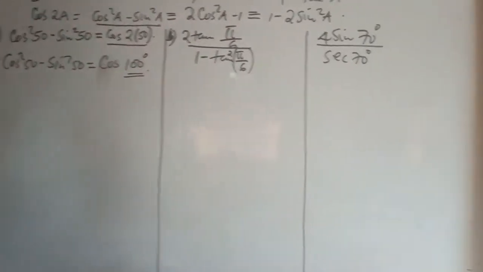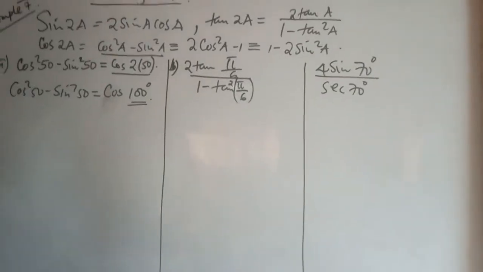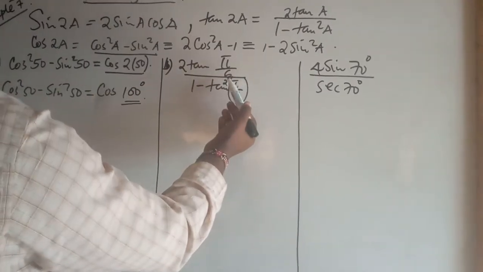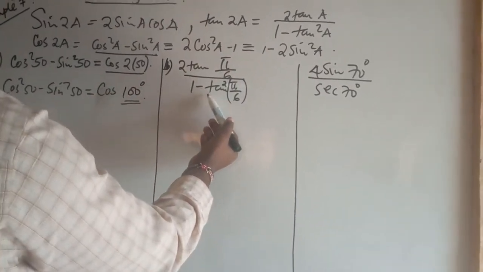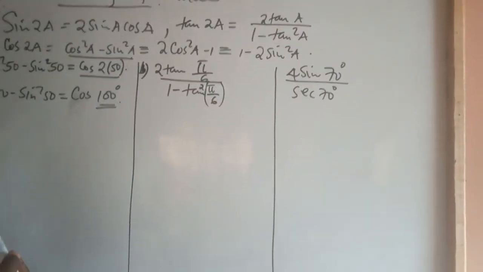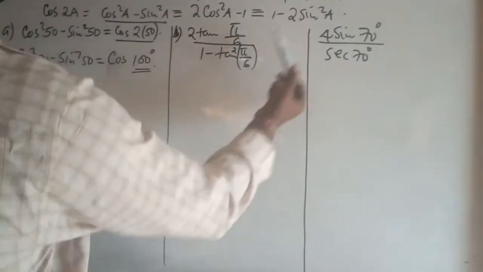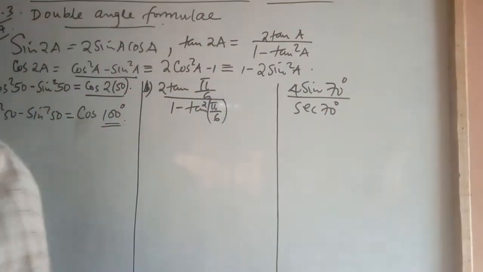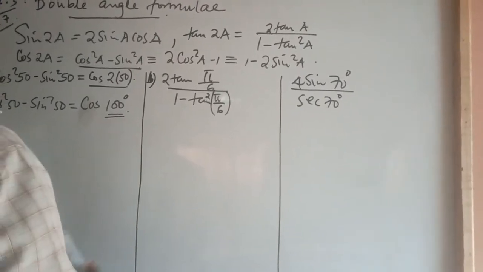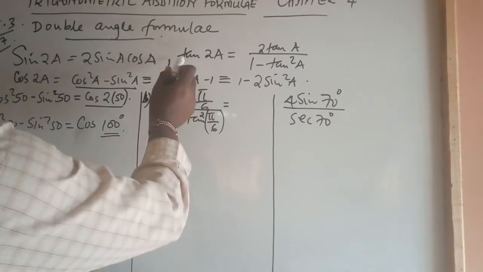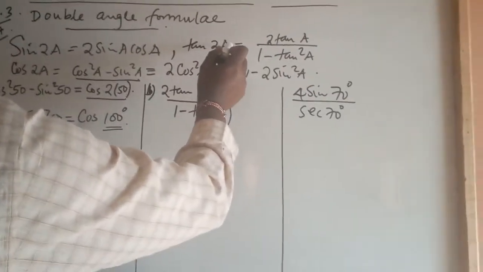Look at part B. We have been given 2 tan pi over 6 over 1 minus tan squared pi over 6. We have been given this one in this format already. So our A is pi over 6. What does that mean? This is equal to the tangent of 2A.